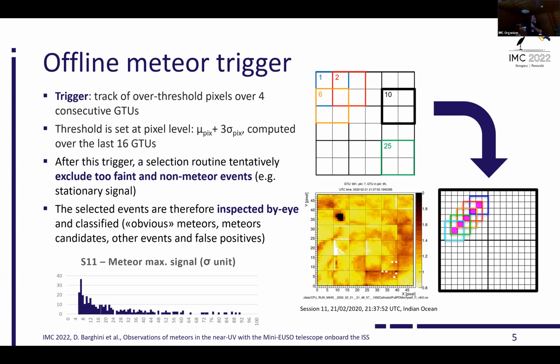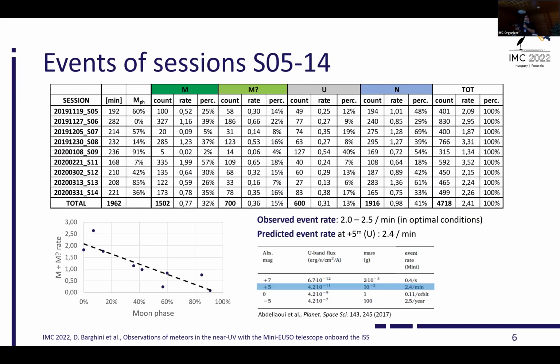For now, since we do not have that much data, we have this trigger that operates automatically on D3 data, and then we select by visual inspection, because since this is a very general purpose instrument, we have a lot of events like lightnings and ground sources.